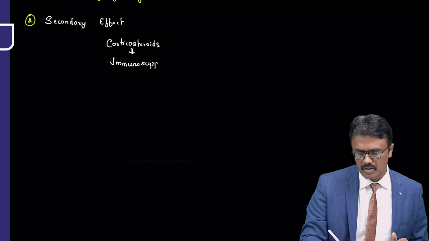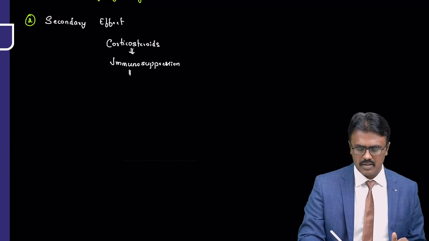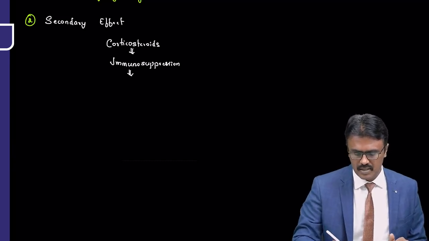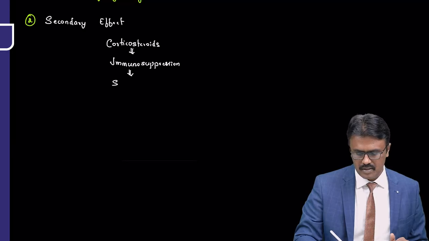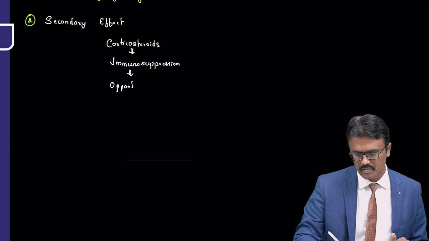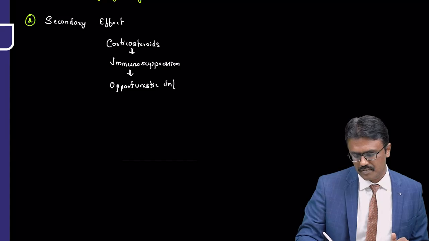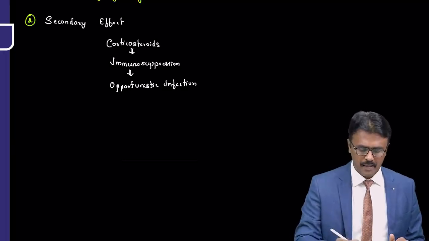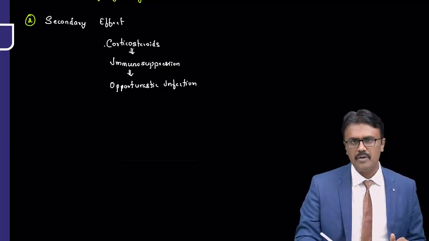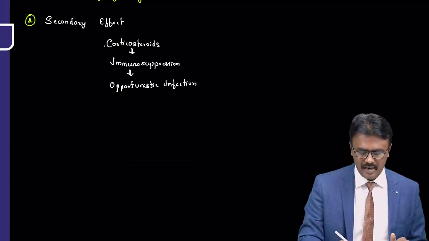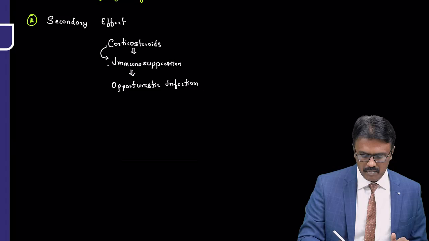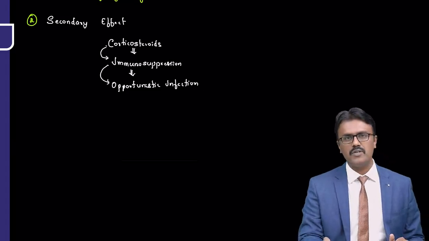So when they produce immunosuppression, what happens? There is a chance of opportunistic infections. Now, please tell me, will corticosteroids produce infection? No. They produce immunosuppression. Because of that, there is opportunistic infection.